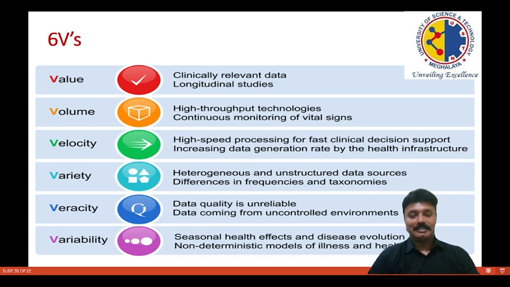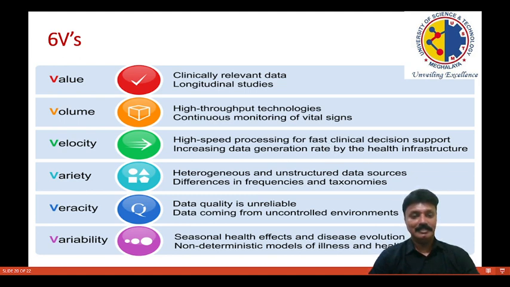The 6V: along with all these, value, volume, velocity, variety, veracity, the variability is also under consideration. That is seasonal health effects and disease evaluation, that is non-deterministic model of illness and health. So the value is clinically relevant data for longitudinal studies, the volume is high-throughput technologies, continuous monitoring of vital signs, and the velocity is high-speed processing for fast clinical decision support.